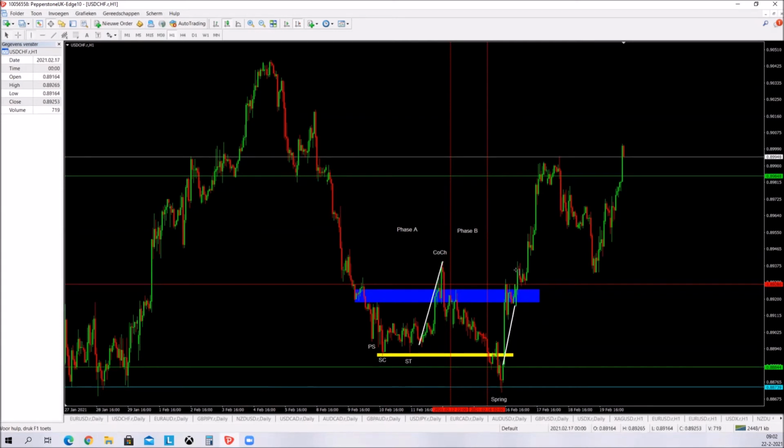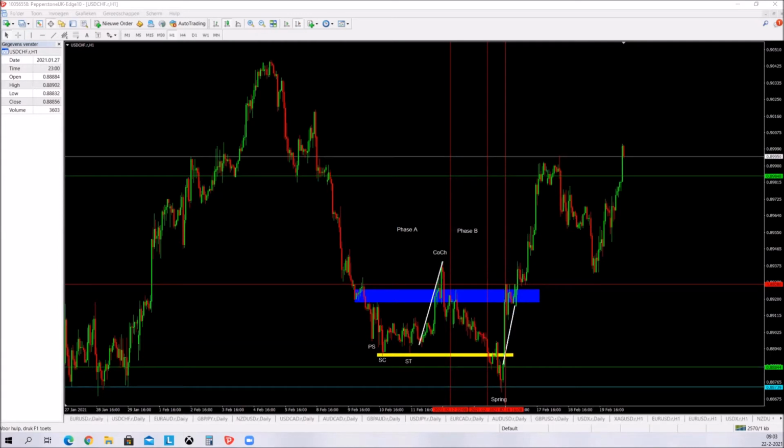So that's phase C. Phase D is happening over here, and that's my entry spot. So this is phase D. As I said, this to me is the high of the range, and we broke and closed above it. So that's to me the confirmation. Some people would wait for this to go. I personally don't, but it's up to you how you trade.